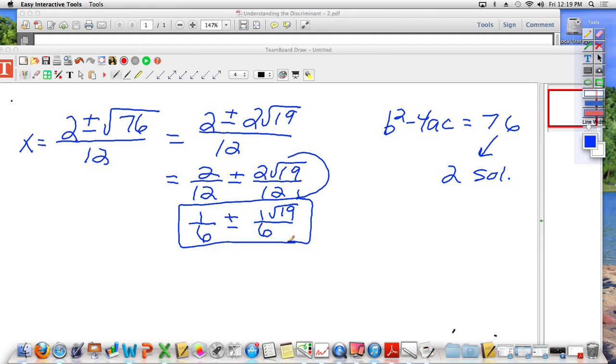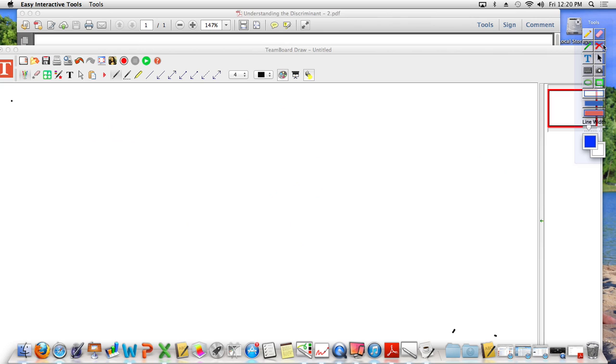I want to run through one more example with you, and then I'm going to stop talking, and you guys can try some of these on your own. So let's look at, from your papers, problem number 8. You should already have a value for the discriminant there.